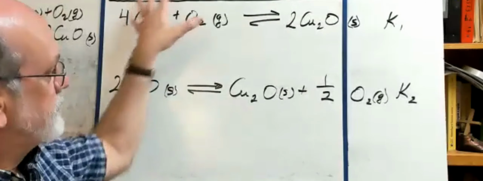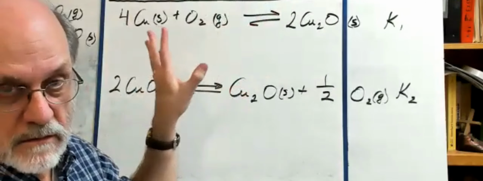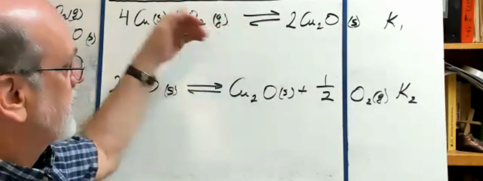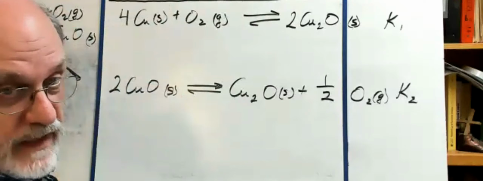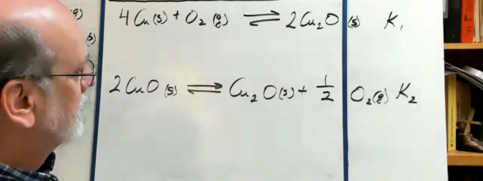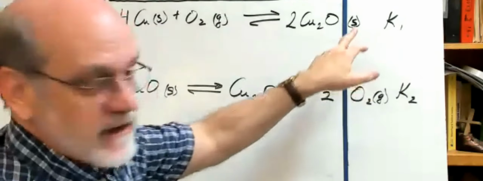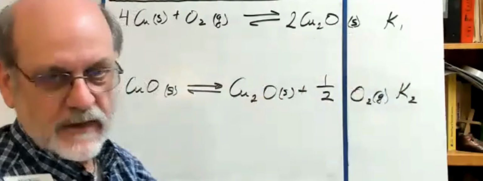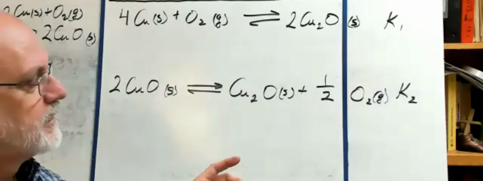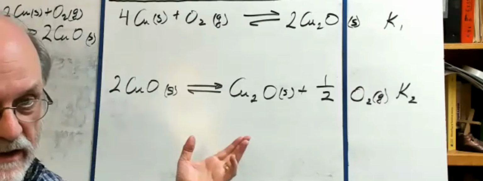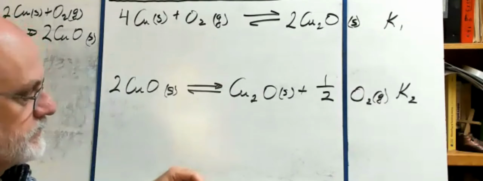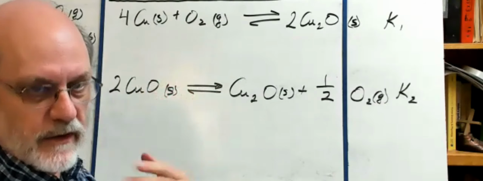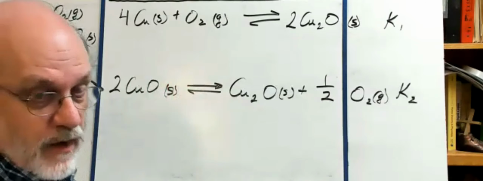Now, if these equations were perfectly aligned and we could add both of them together and get this reaction, then the K for this reaction would be the product of those two. So when you add equations together, you take the product of the K's. And we could prove that the same way we did the others for the power and the reversal. We can just show you how it works.